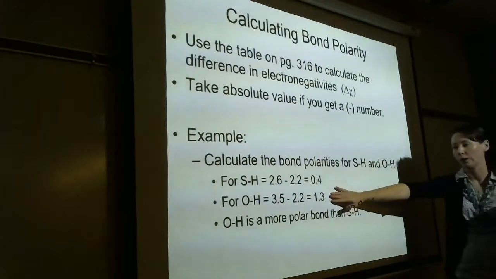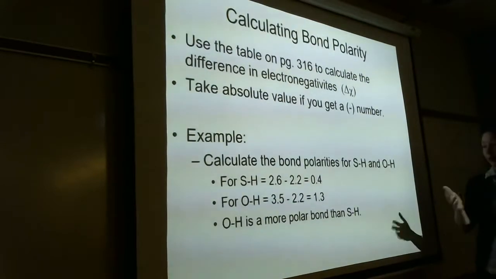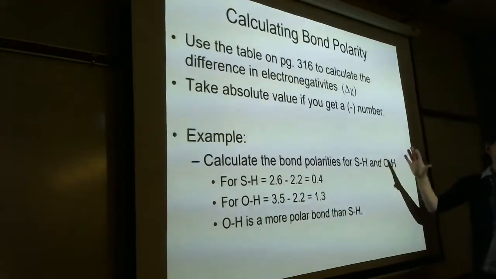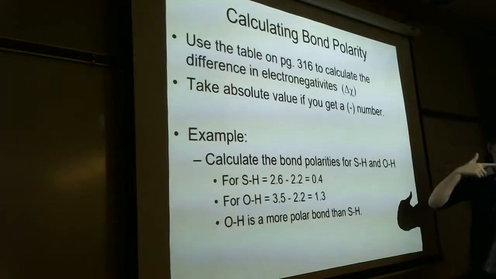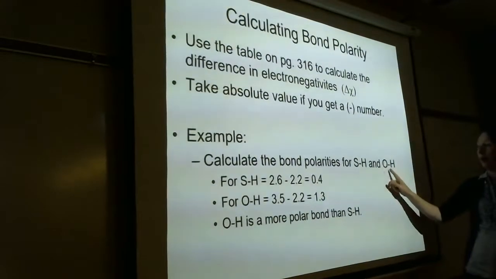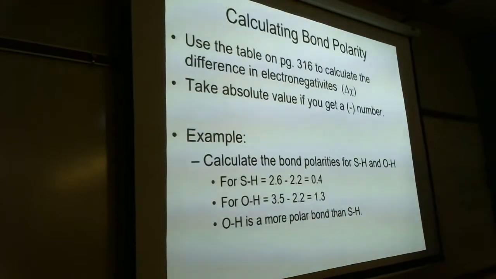The math supports oxygen, but does the periodic table? Yes, so oxygen's more electronegative than sulfur is, right? So even if you didn't have your table on page 316 handy, just by comparing and looking at the periodic trend, you would know that this would be a more polar bond than this would, okay? Just from basic periodic trends.